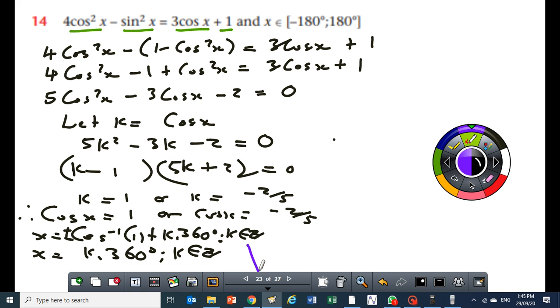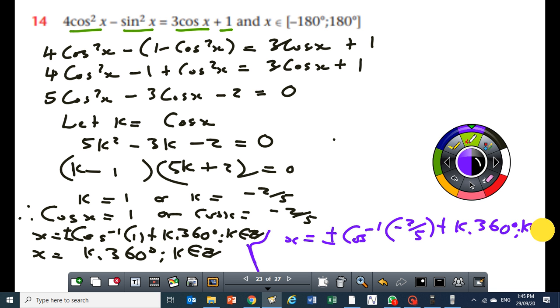The second one, for that one it becomes x equal to plus or minus shift cosine of minus 2 over 5 plus k times 360 degrees, where k is an element of z. What is shift cos of minus 2 over 5, to one decimal place?